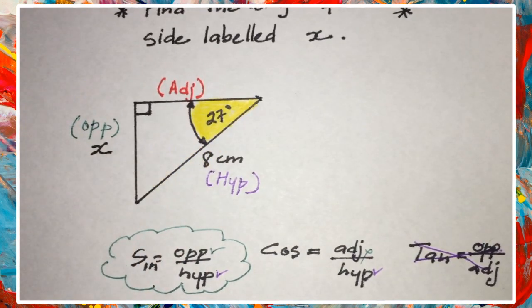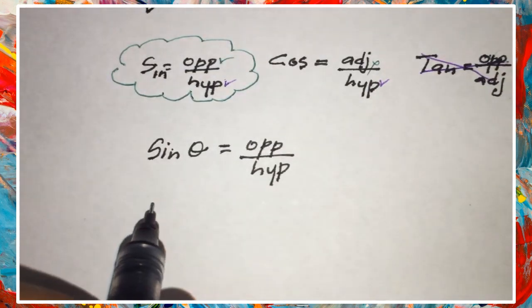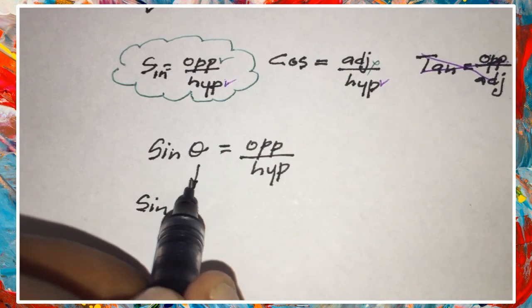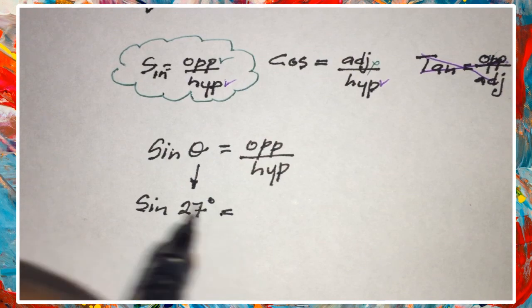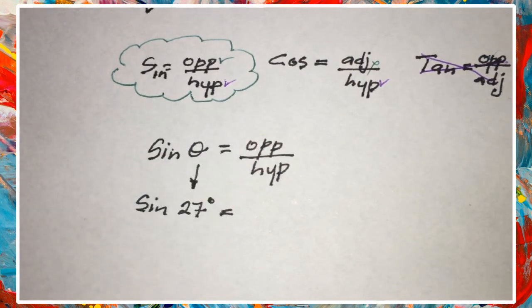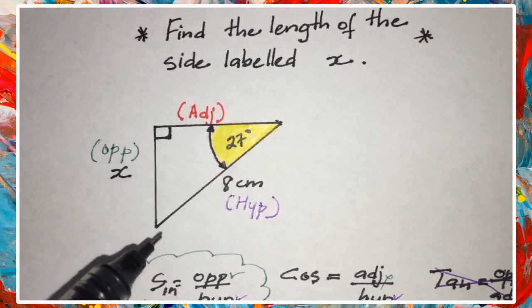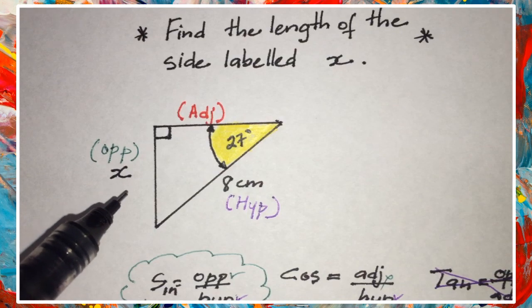So we're going to take that 27 degrees and substitute it into this formula. So we're going to have sine, taking out theta, and I'm going to be putting that 27 degrees is equal to, now we need the opposite. According to the diagram, what is the measurement of the opposite? It's x.